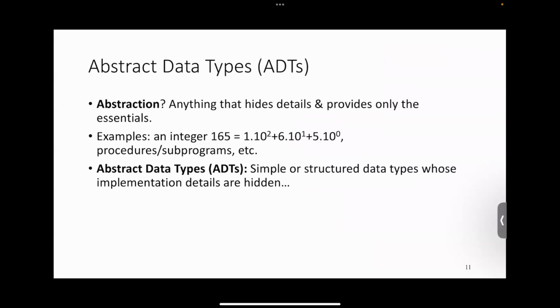What do we mean by abstraction? Abstraction is when we want to hide the details of something and just provide the essentials. Let's say, for example, you drive a car, right? You know that if you put the gear on drive and push the accelerator, the car will start moving forward.